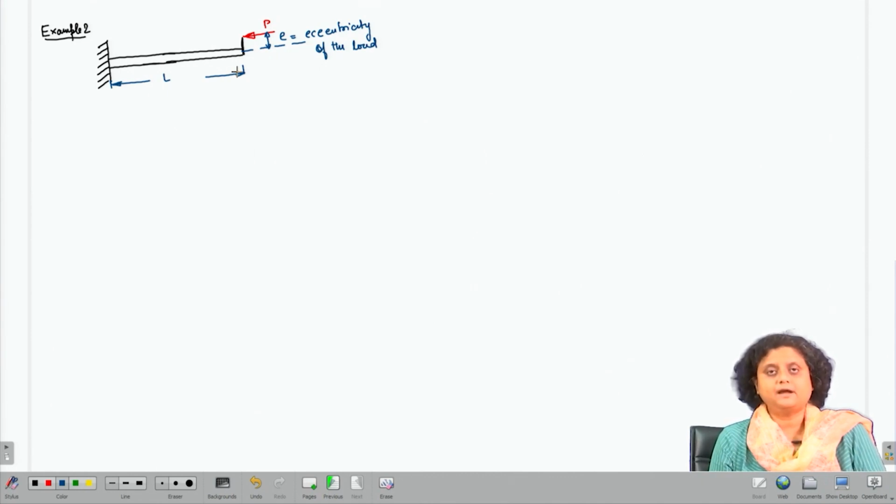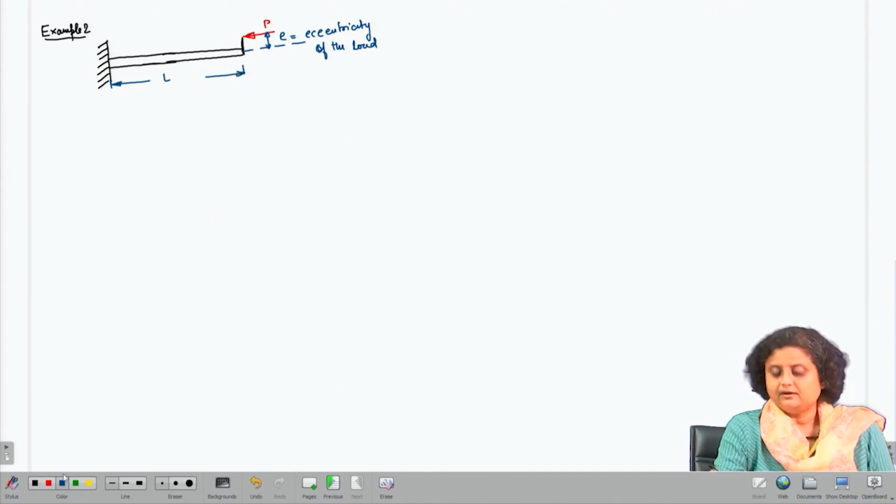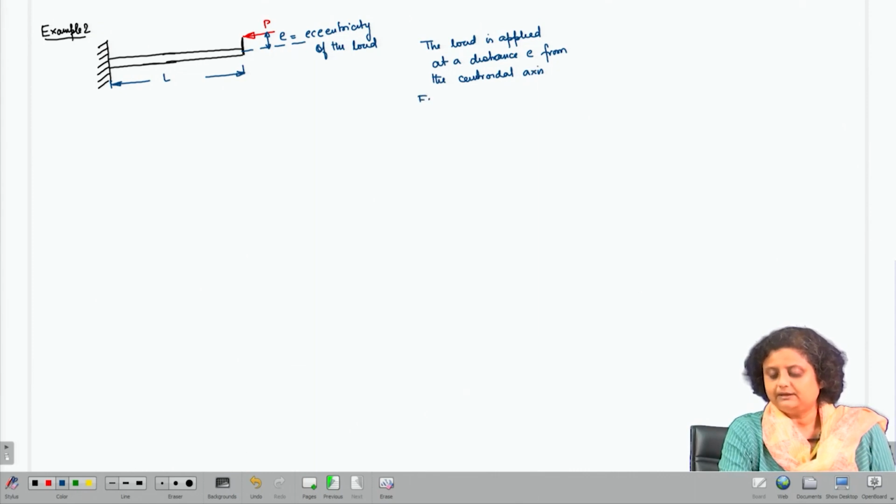So, the point of application of P is at a distance E from the centroidal axis. And we need to find the tip displacement.